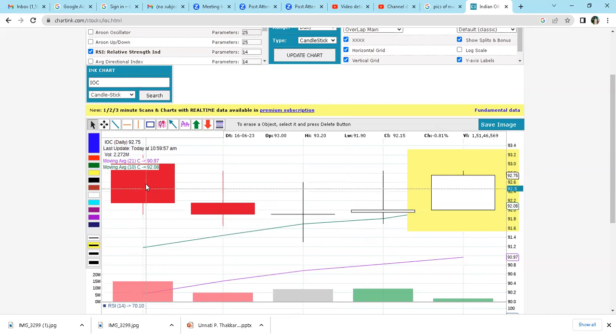Once the market is moving downward, we can expect that after the doji pattern, the market might go into an upward trend. On 21st, the closing price was only 0.5 paisa higher, but it was higher than the opening price. Today, the market is going in an upward direction.